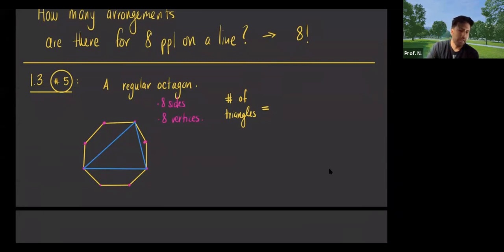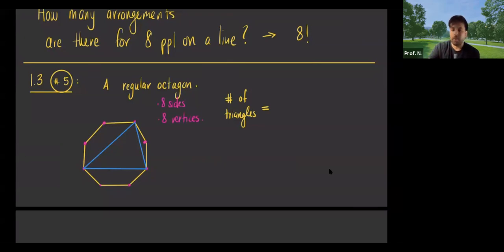Which vertices are they? I can choose this one first, this one, then this one. I can choose this one first, then this one, then this one. I can do this one, then this one, then this one. In the 8 times 7 times 6, the order of the choice of vertices counts. But as you can tell, I can create this triangle without having to worry about the order of the vertices that I select, as long as I choose 3 vertices.